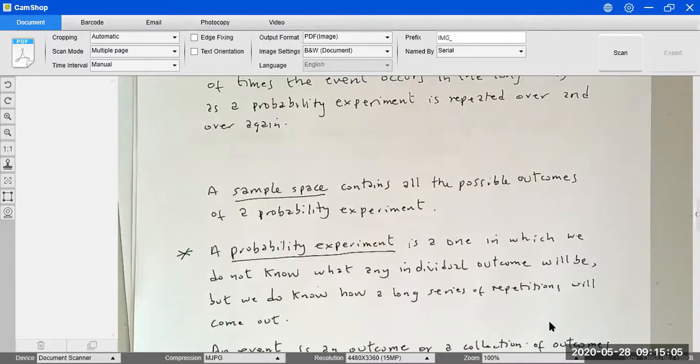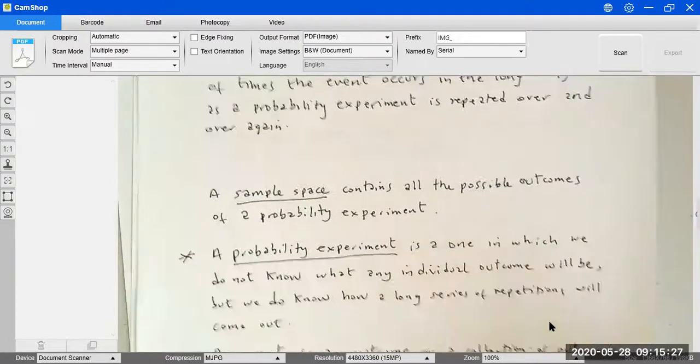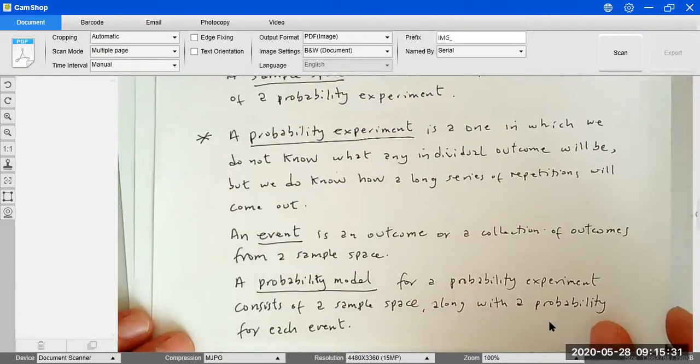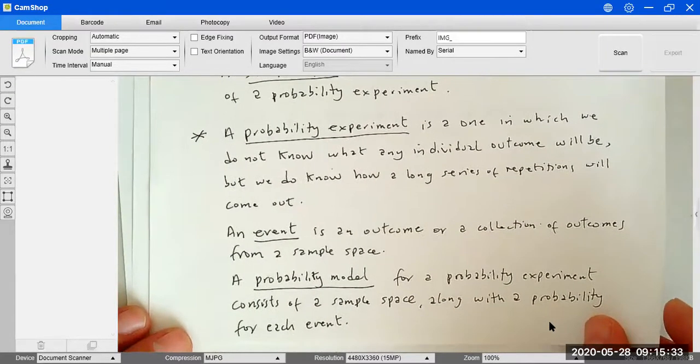In other words, a probability experiment is just an activity, a procedure that we're going to repeat a lot of times, and in the long run we're going to be able to know how the different events are distributed. And then we have here the definition of an event and the definition of a probability model.